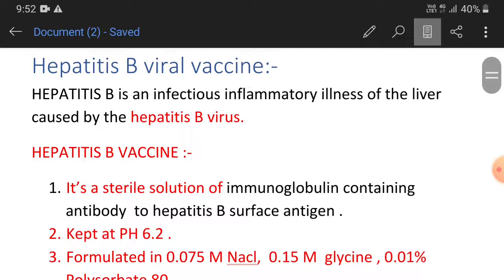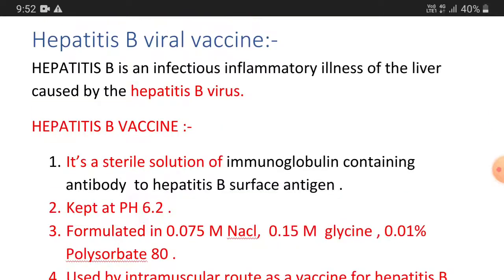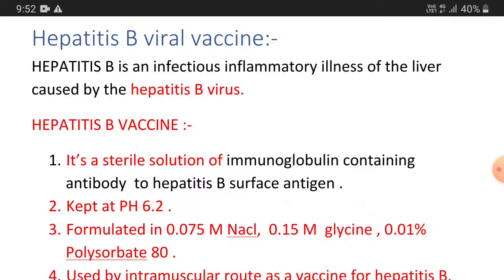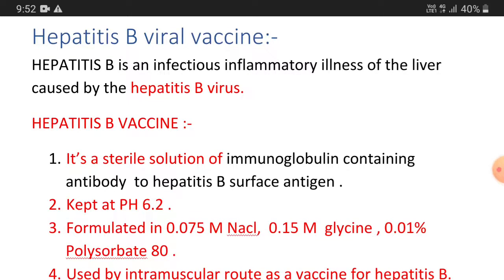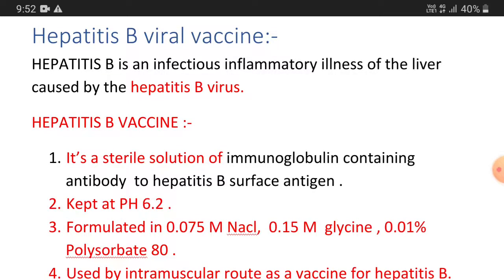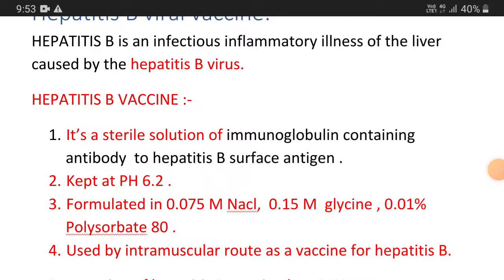Remember very carefully that we are using hepatitis B surface antigen for the construction of the vaccine. We can either inject the antigen directly into the body so that our immune system can make appropriate antibody against that antigen, or we can provide ready-made antibodies directly.